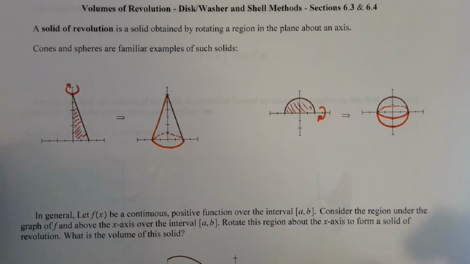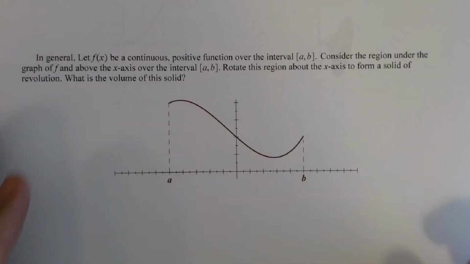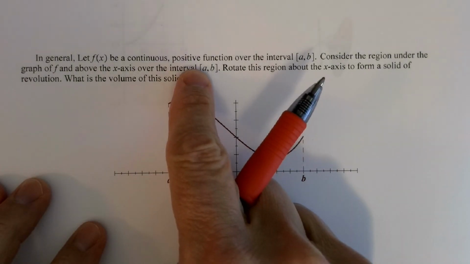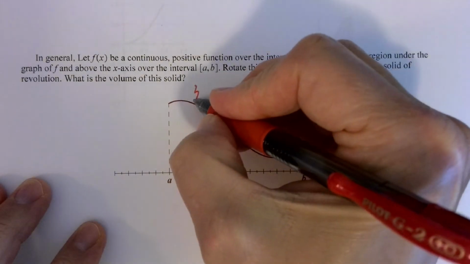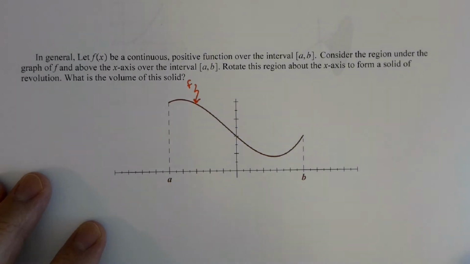So if we can talk about this in general, what would it look like? So in general, if we have some continuous function f, and I'm going to have it be continuous and positive over the interval from a to b. So here is the graph of my function f, and let's consider the region under the graph of this function.